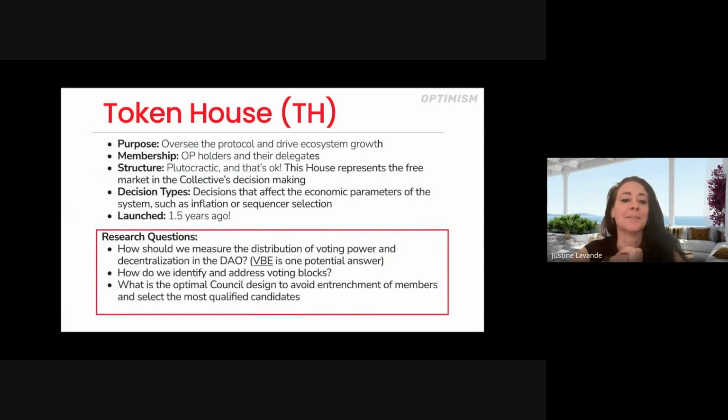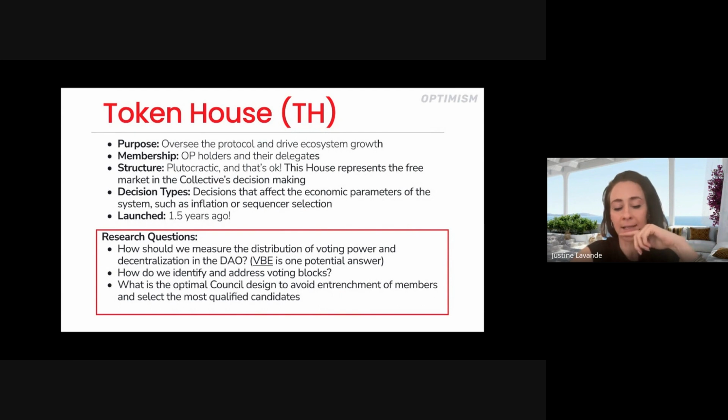So the token house, I'm throwing these terms around and you might not know what I'm referring to. The token house is the same as you would think of as any other DAO. Basically, anybody who holds the OP token can vote, or they can delegate their votes to someone else to vote on their behalf. This is your standard one token, one vote model.